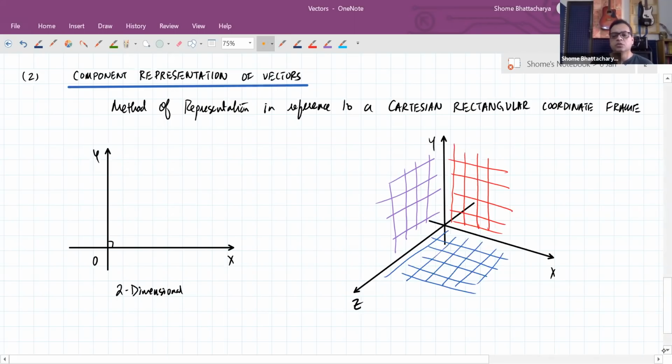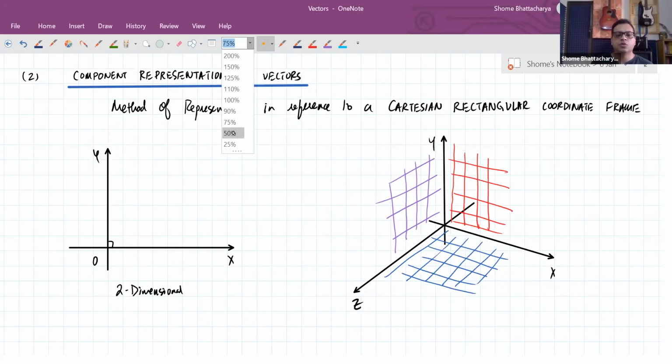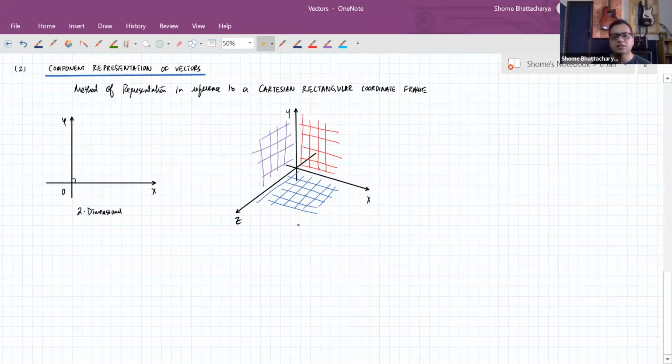Okay. So whenever we represent vectors using this kind of a coordinate frame or a system of axes, this is a 3-dimensional system of axes. First of all, we define the unit vectors. We define what are called the base unit vectors or the standard unit vectors.